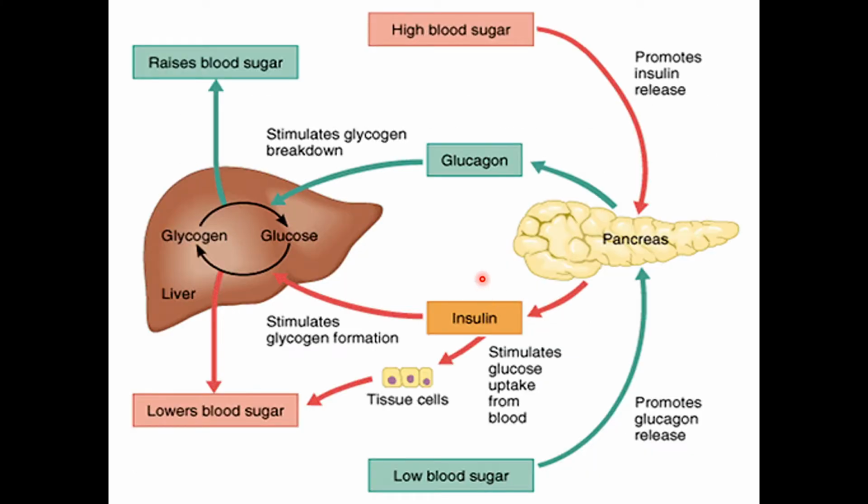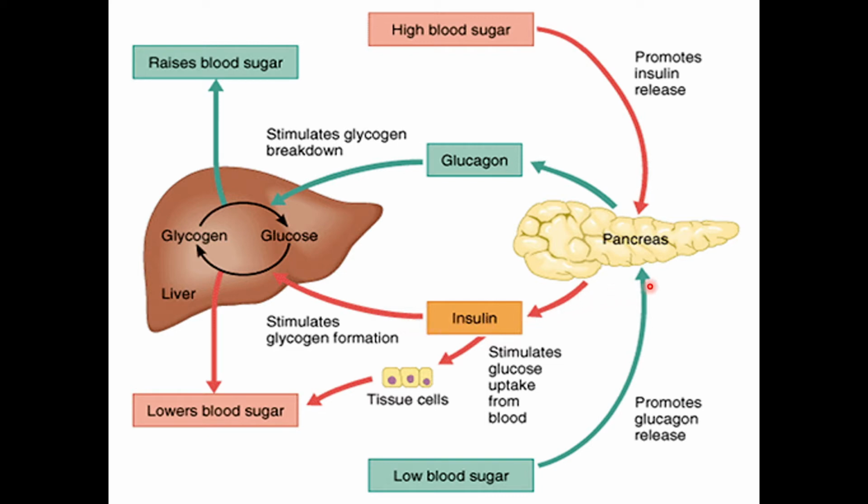Before we go further on the production of insulin, let us discuss a little bit about the function of insulin. Insulin is one type of hormone that is produced by the pancreas. Insulin is responsible to control the blood glucose level.